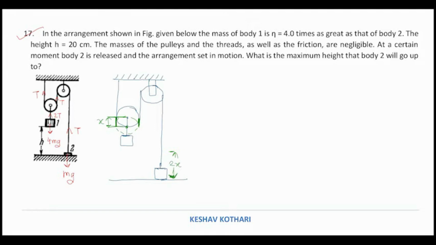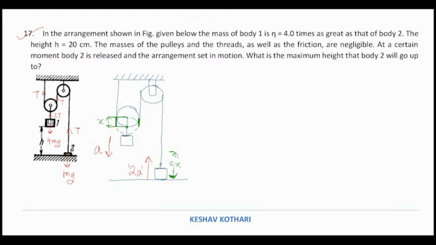If we establish a constraint relation, if mass 1 is moving down with an acceleration a, then mass 2 is rising up with an acceleration 2a. Similarly, if it goes down by a height h, it will rise up by a distance of 2h.